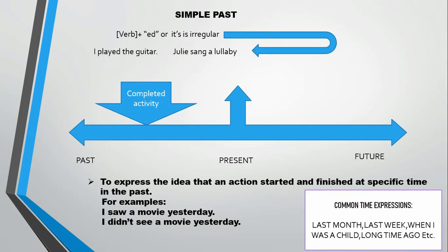So we are going to start with the first form, that is the simple past, and you can see the form over there. The verb form is verb plus ed, that is V1 plus ed. For example, if I say play, played, right? And there are irregular forms of the verbs also, like sing, sang, sung.